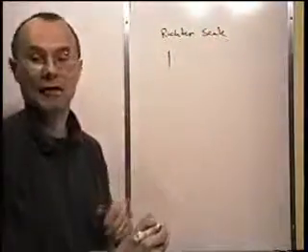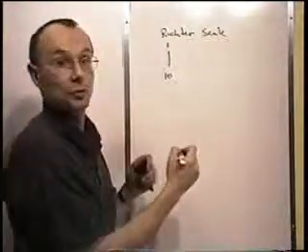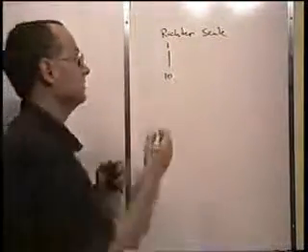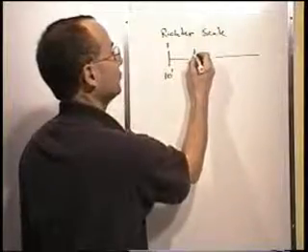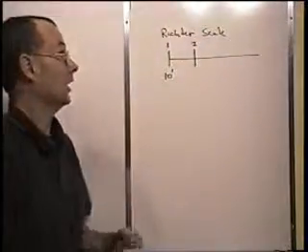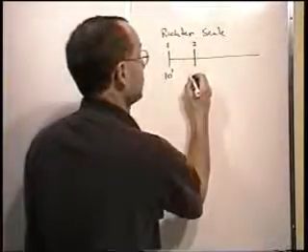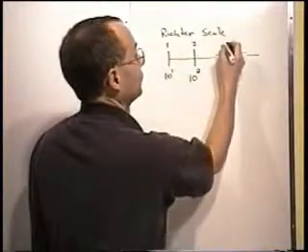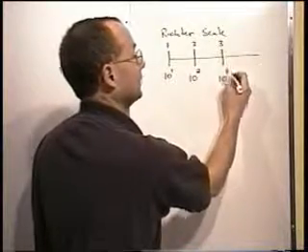If we say that we have a Richter reading of 1 on the Richter scale, it represents a power of 10 to the 1. If we go up and say we have an earthquake with a 2.0 on the Richter scale, that means the power is 10 to the 2. And if we go up to 3, that means the power is 10 to the 3, and so on.